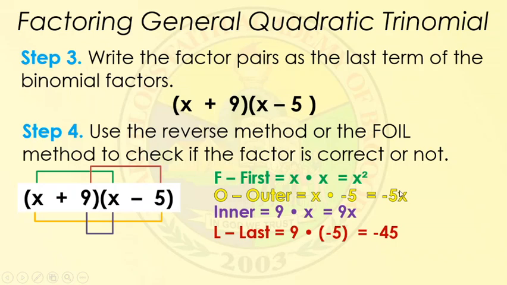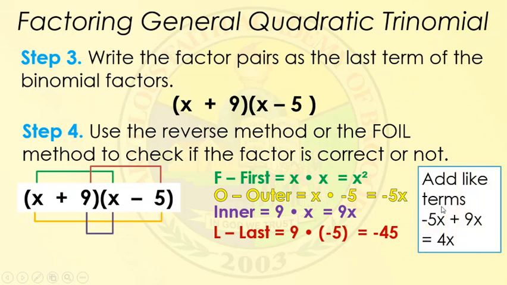We add negative 5x and 9x because they are like terms. They have the same variable. Okay? So, addition of like terms, negative 5x plus 9x. Since they are not the same sign, we subtract 9 minus 5, the answer is 4. Now, what is the sign of the higher number? Positive. 9 is positive, so this is positive. And then, we just copy x.